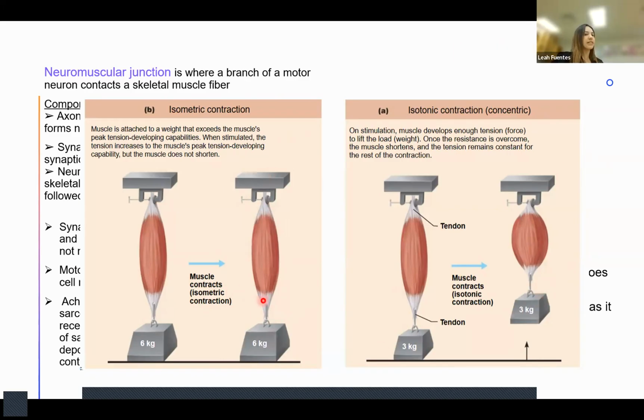It's staying that same size. Here on the right side, we have an example of isotonic contraction, specifically concentric. We have the muscle developing enough tension or force to lift it. But once the resistance is overcome, the muscle shortens and the tension remains constant for the rest of the contraction. So again, isometric, isotonic.